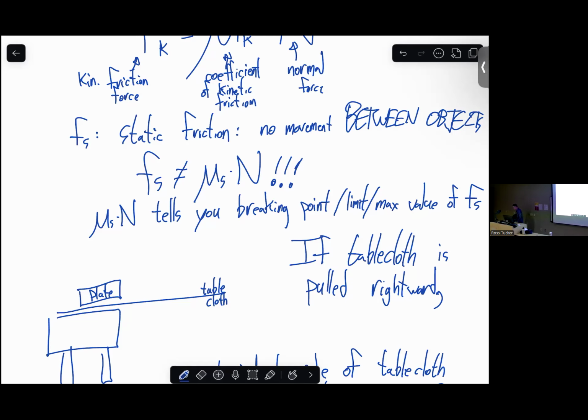Google question R. If I am applying 0.1 newtons to the phone, and the phone is not moving, what can we deduce about the static friction force? Phone is not moving. What is the value of static friction if I apply 0.1 newtons? This is question R, by the way.